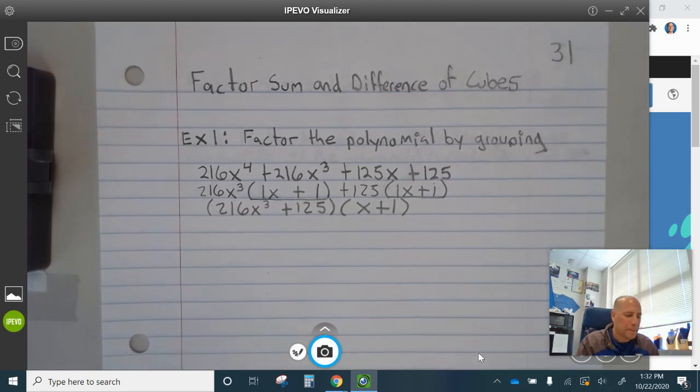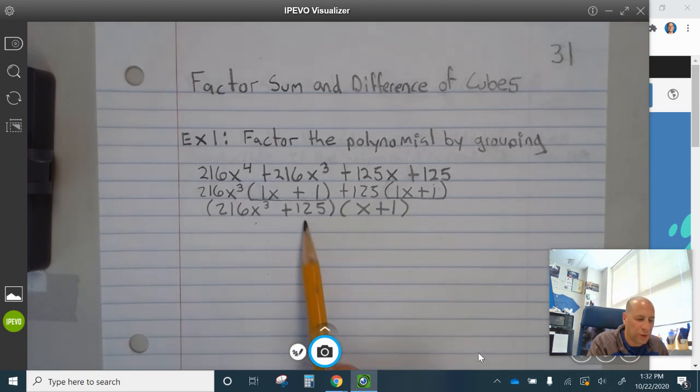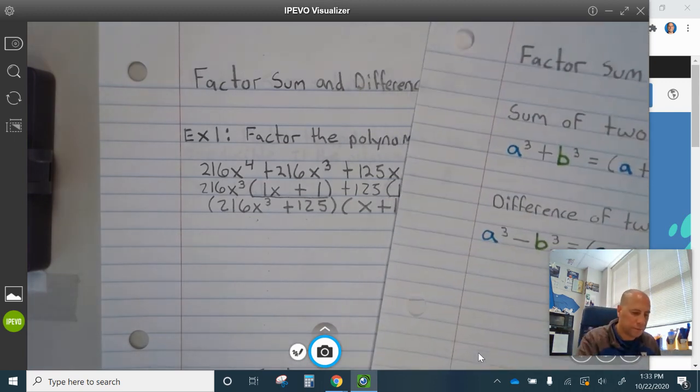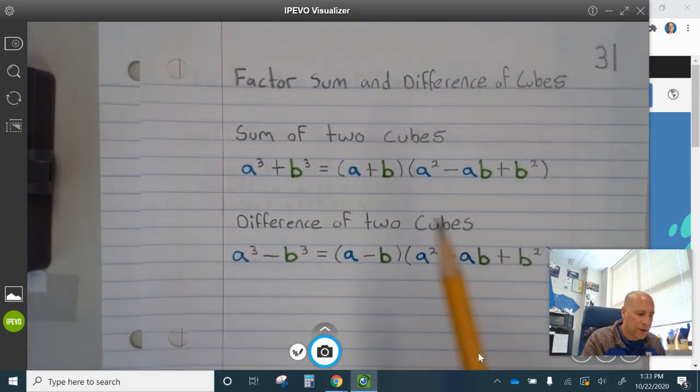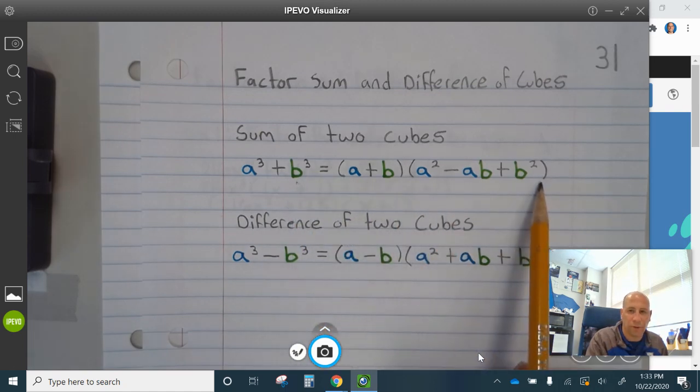Okay. Now, this says factor by grouping, and it is, but it also includes a sum of cubes. You see the cube, there's a sum, so we need to find the A and B value so we can factor using this form right here.